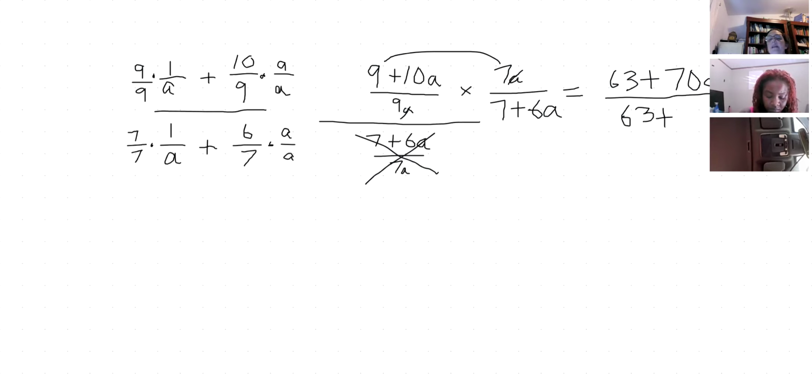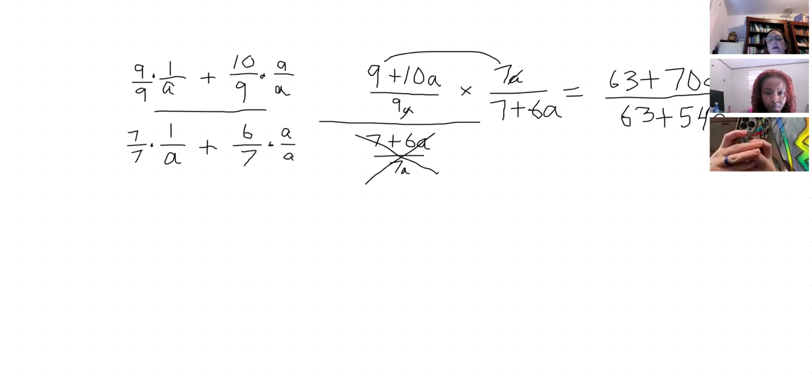And then we want to see if there's anything that we could cancel. Back here in the multiplication problem, the 7 and the 9 can't cancel. We can't cancel when there's a plus or a minus in between our terms. So this would have been 7 plus 9 plus 10a.